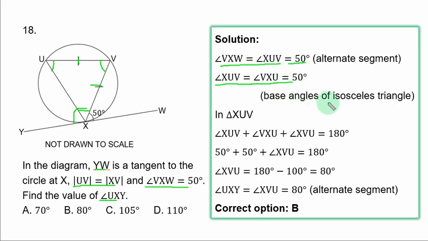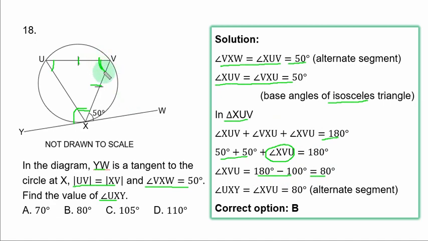Base angles of isosceles triangle. In triangle SUV, if you add the 3 angles, the sum is 180. So we get the third angle in that triangle. If you add these 2 angles, you have 180 degrees minus 100 degrees, and that is 80 degrees. That is this angle now.